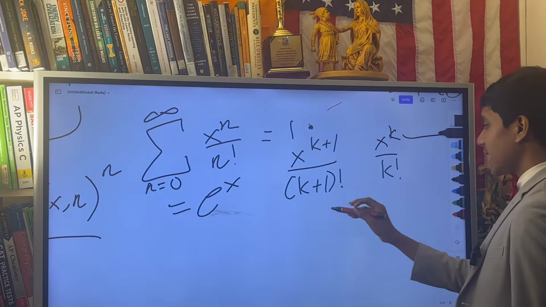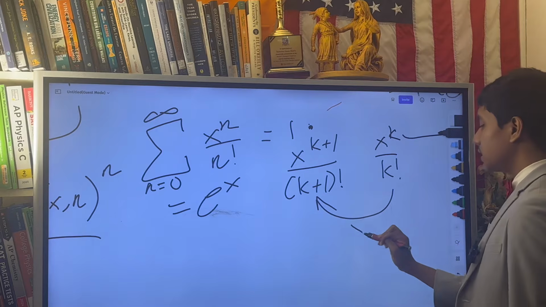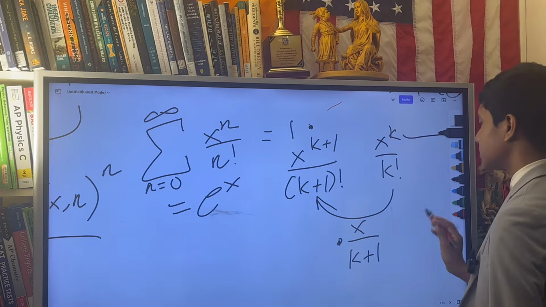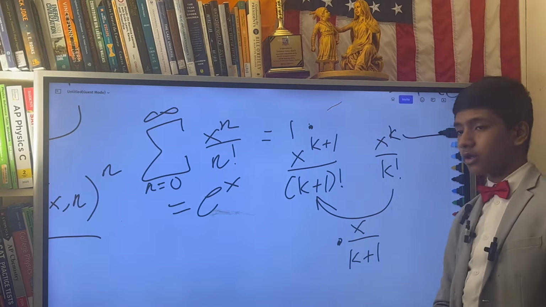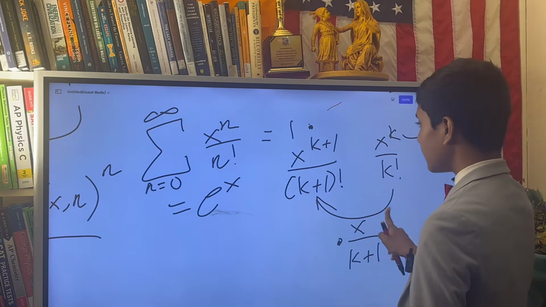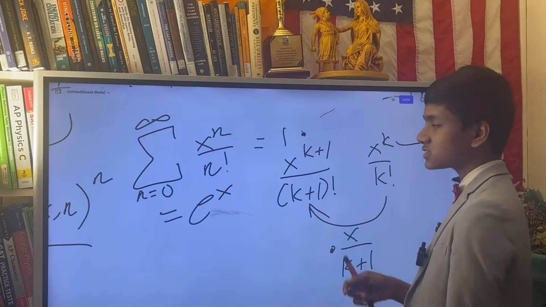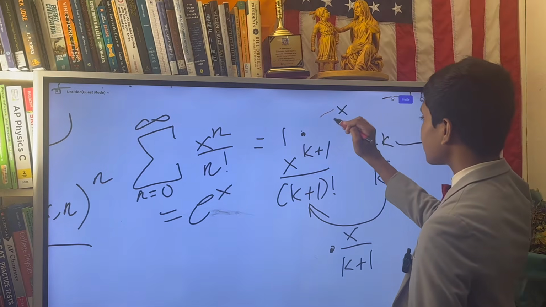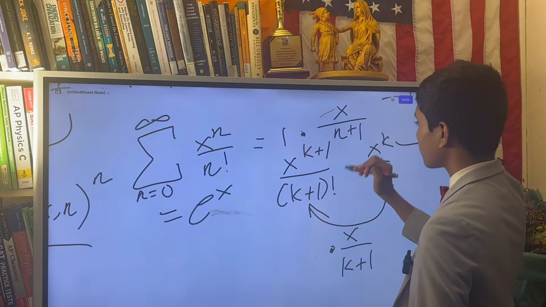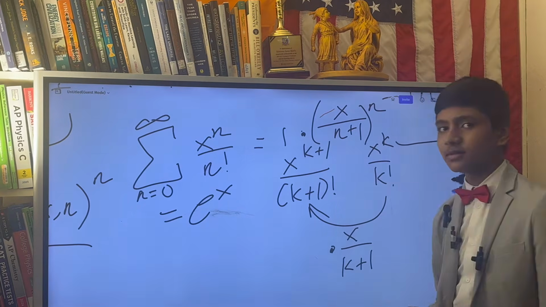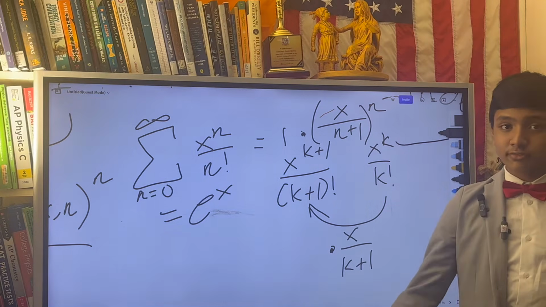Clearly, the only thing that's happened is a multiplication by x over k plus 1. It increases the factorial on the bottom and the power on the top. Which means that the function g of x comma n is actually one of the simplest rational functions. It's just x over n plus 1. And that just gets repeated over and over again. There it is. It's a hypergeometric function, folks.